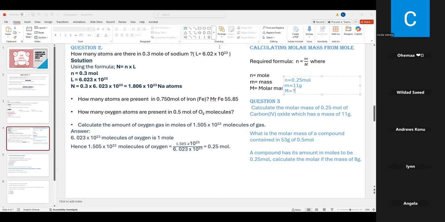Abigail, your hand is up. Yes, you can talk. Please, I got 44 gram per mole. 44 gram per mole.